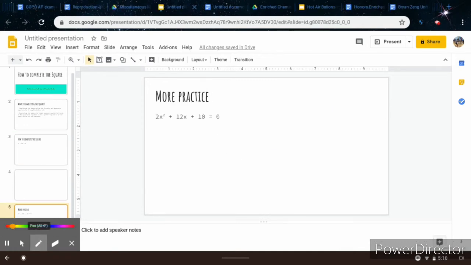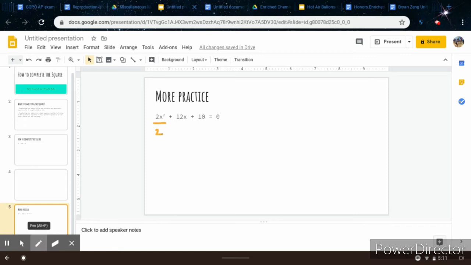Alright, now let's do some more practice on completing the square. So we have 2x squared plus 12x plus 10 equals 0. Our first step here, we don't want any constant in front of the first term. We just want it to be x squared, but now we have 2x squared. So what do we do? In order to have just x squared, we need to divide by 2.